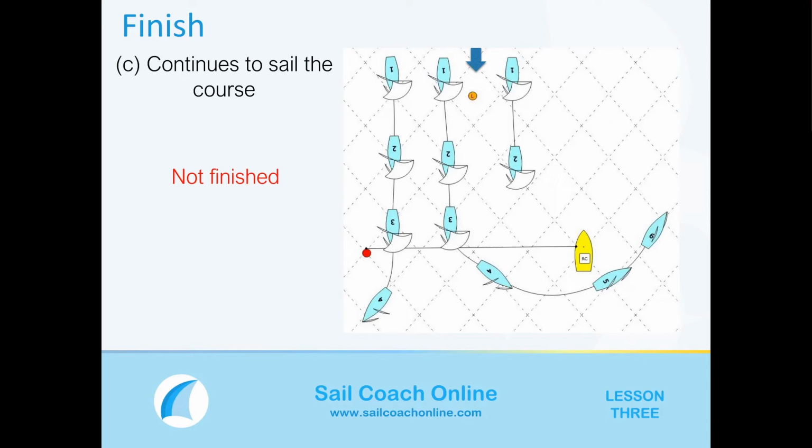And the right-hand boat sails the wrong side of the leeward mark, the brown mark just below the wind indicator with an L in it. She needs to sail on the other side of that mark, so she wouldn't be deemed to finish if and when she crosses the finishing line either.